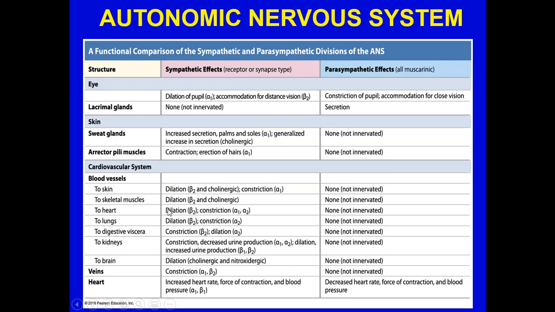You'll notice that a lot of it is dilation to the critical structures that are necessary for fight or flight, not dilation, constriction actually, to digestive viscera. And in a fight or flight situation, you will end up with constriction, reduction in blood flow to the kidneys, so that means reduction in urine production.